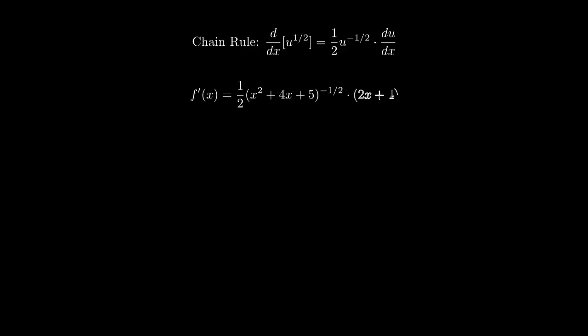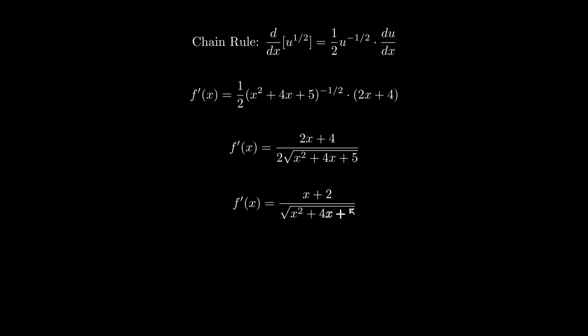So f prime of x equals 1/2 times x squared plus 4x plus 5 to the negative 1/2 times the derivative of the inside, which is 2x plus 4. We can rewrite this as 2x plus 4 over 2 times the square root of x squared plus 4x plus 5. Simplifying by factoring out 2, we get f prime of x equals x plus 2 over the square root of x squared plus 4x plus 5.